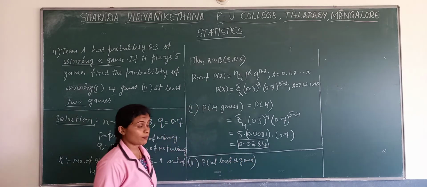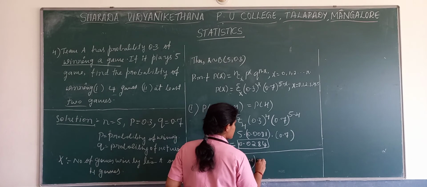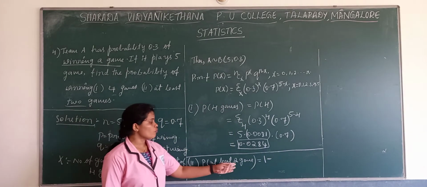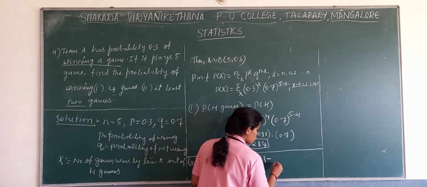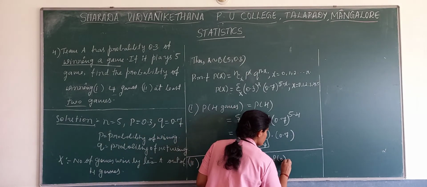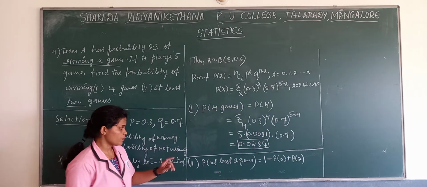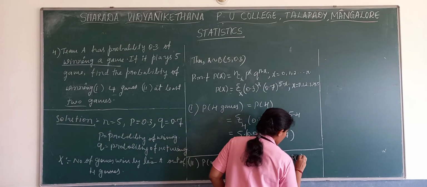At least 2 games means, where the word at least comes, from the total we need to deduct the values below this. Below 2, the 2 values will come, P of 0 plus P of 1.